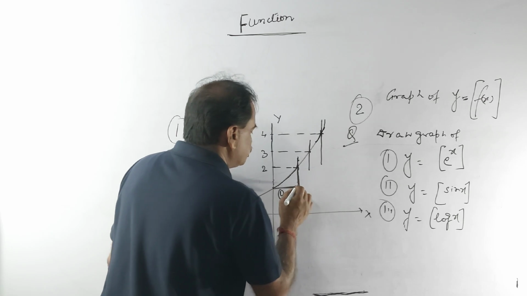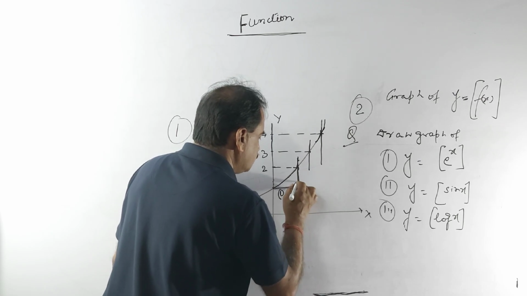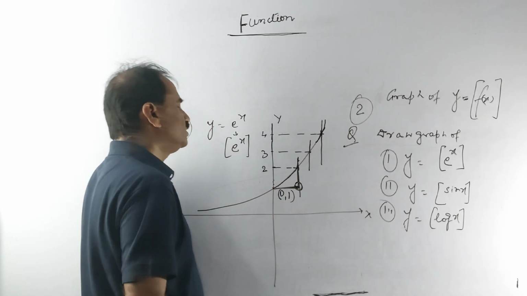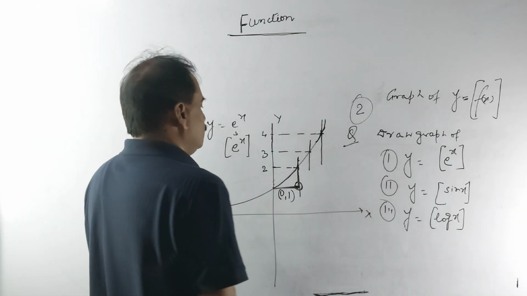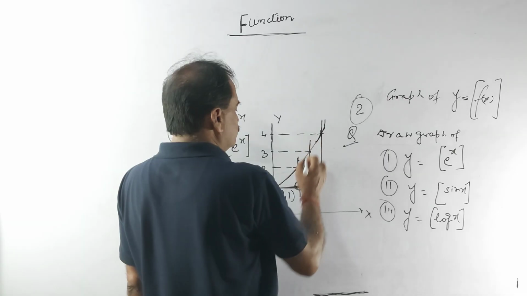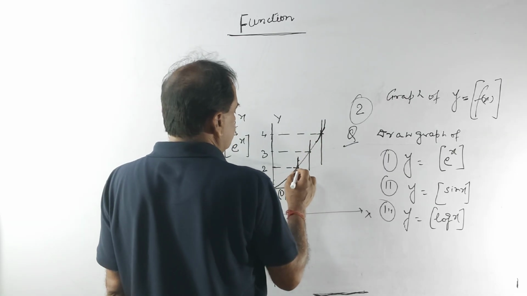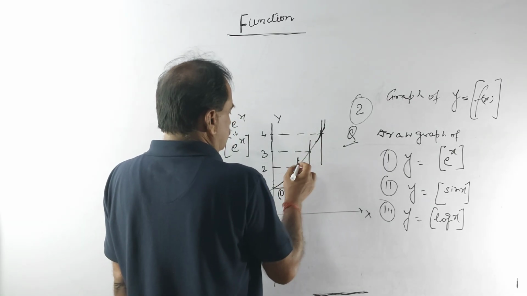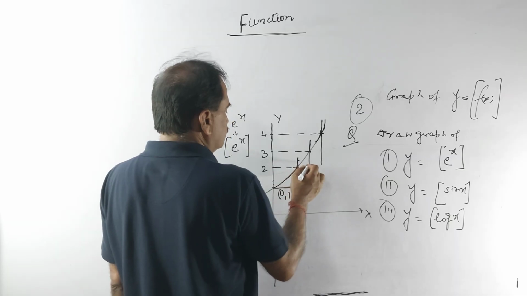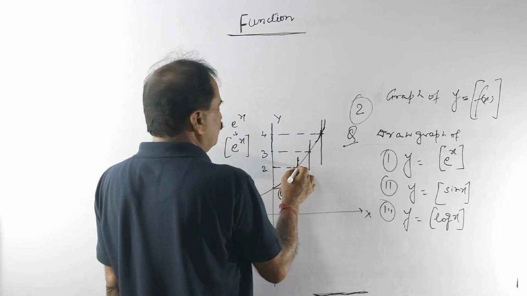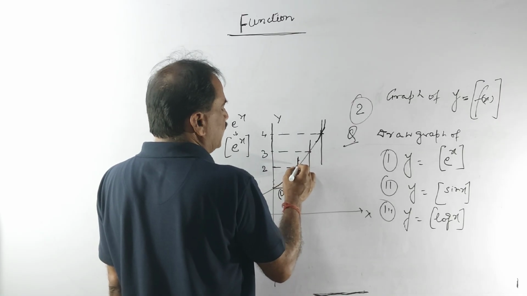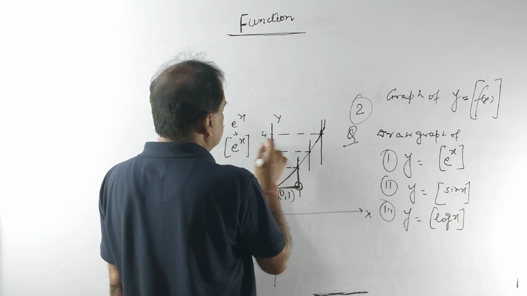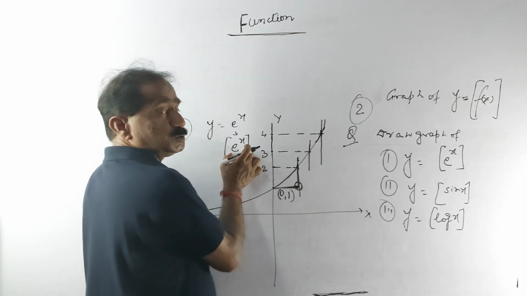But this is not part of the graph. Here we again study the value of x between these two vertical lines. This is the graph of x, and the value of x lies between 2 to 3.